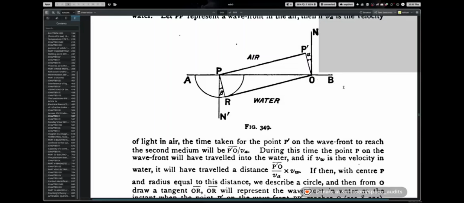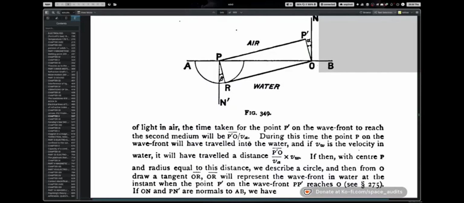If VW is the velocity in water, it will have traveled the distance P prime O over V alpha times V water.